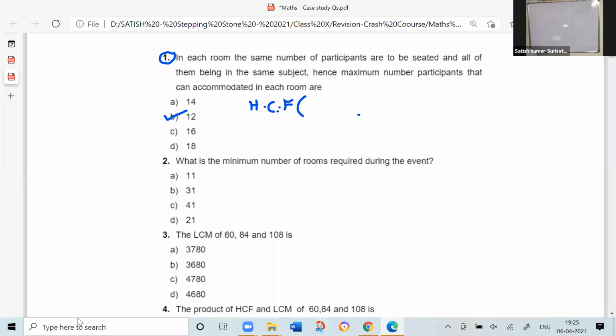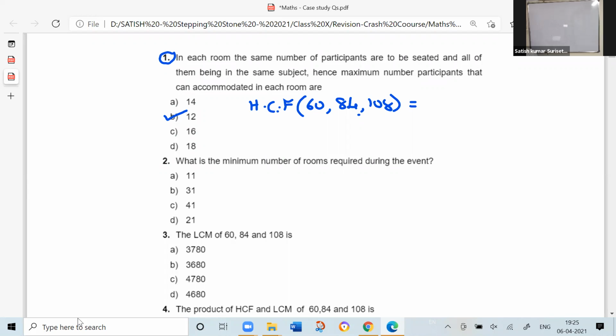So HCF of which numbers you have to calculate? 60, 84, and 108. Now, you try to factorize each and calculate the highest common factor.